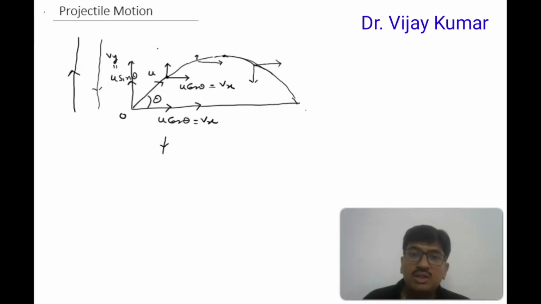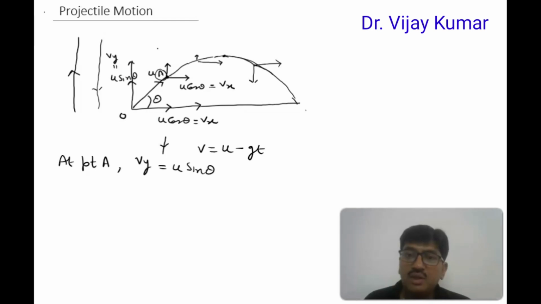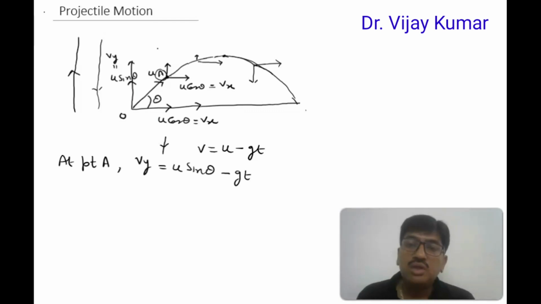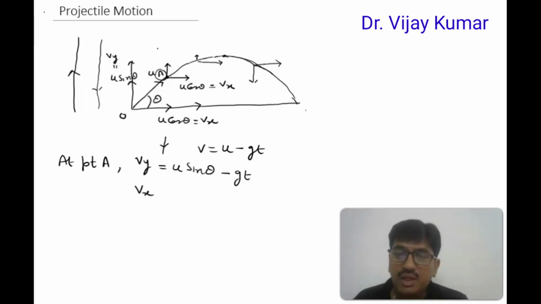Suppose this is O and this is point A. At this point A, we know that v is equal to u minus gt, so vy is equal to u sin theta minus gt. So the vertical component at any point is u sin theta minus gt. However, the horizontal component vx always remains u cos theta.